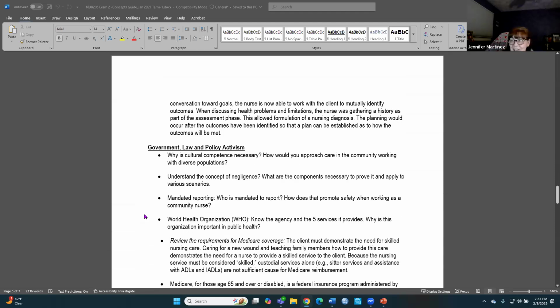When we look at government, law, and policy activism, one of the biggest things that we can do as nurses, and this is something I remember always learning about in nursing school 25-plus years ago, is we need to be aware of the impact of governmental law and health policy on nursing, on health, and on communities.